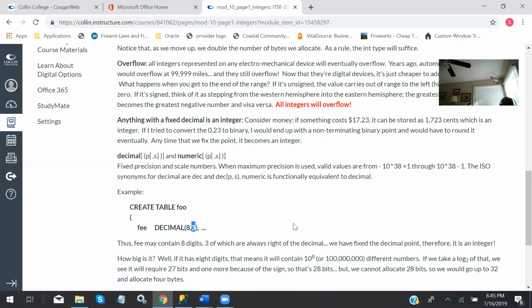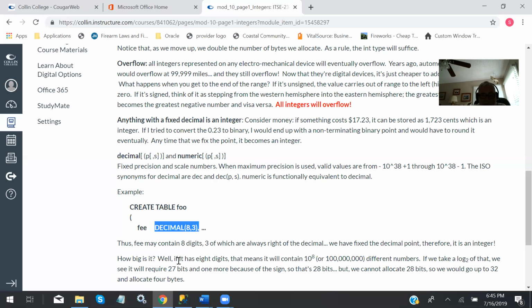I want a decimal that'll take 2,000 digits. I don't think it'll give me that. So I can always get ridiculously big. But in general, and for working, the decimal type will go large enough. Remember, if you say it is decimal, it is going to be stored as an integer.